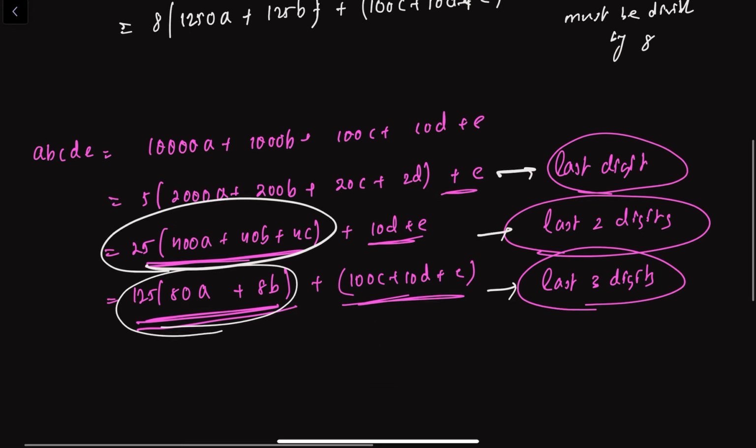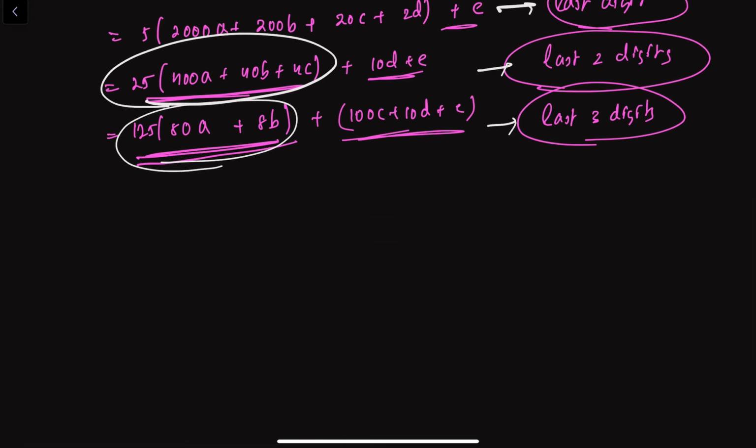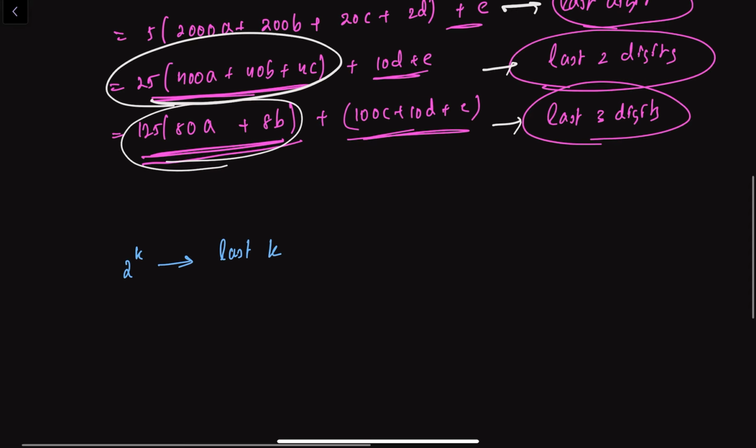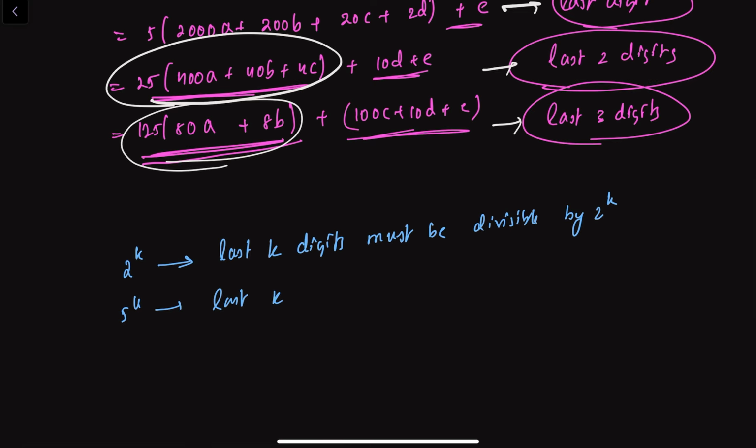Therefore, if we generalize this, the divisibility rule of 2 to the power k is that the last k digits must be divisible by 2 to the power k. And in the similar way, for 5 to the power k, the last k digits must be divisible by 5 to the power k.